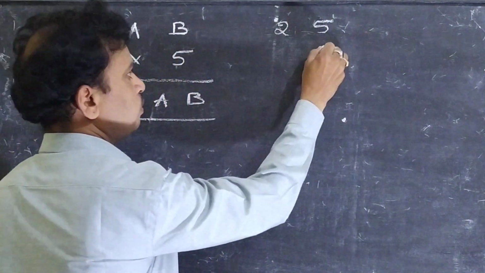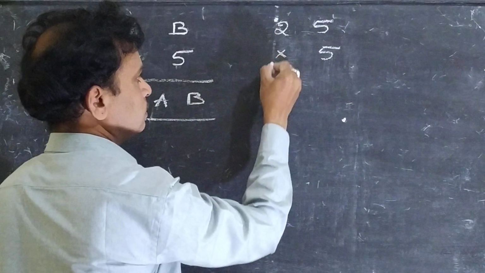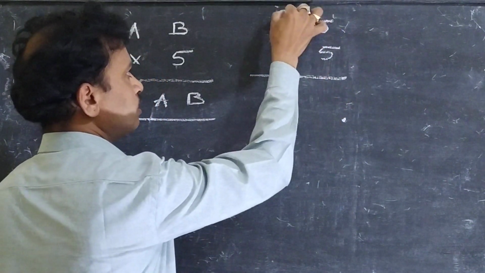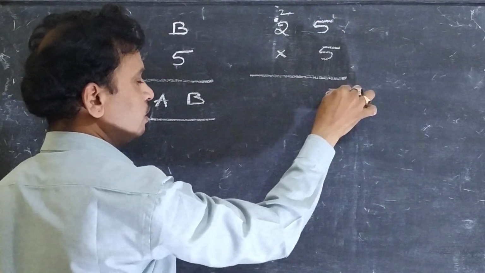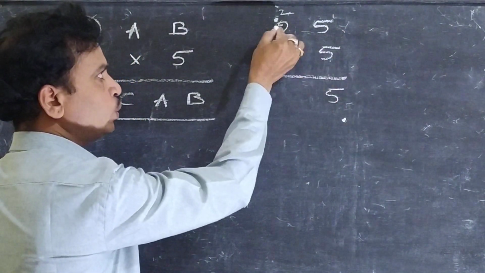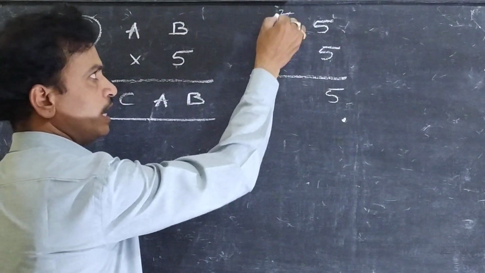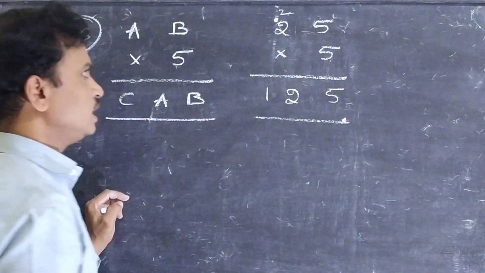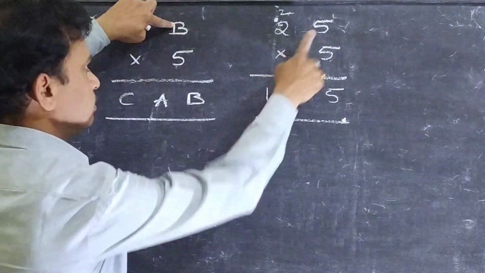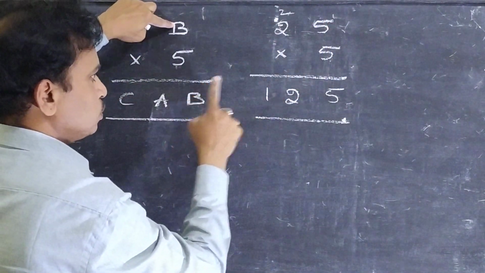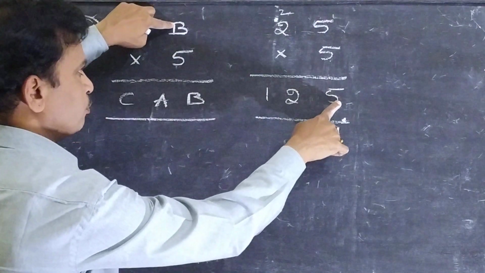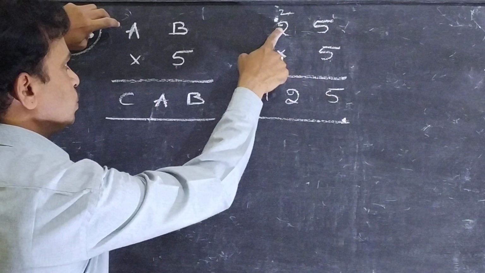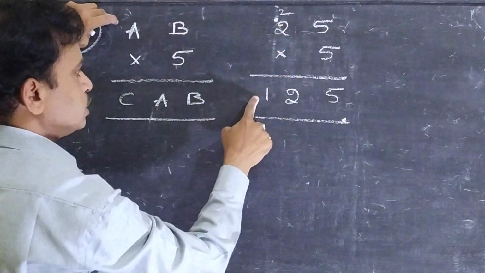Here also 5. 5 fives are 25. Carry 2 here. Then 5 twos are 10. 10 plus 2, that is 12. Now check it. Here B, that is 5. Here also B, 5. Okay, B is equal to 5 we got. Then 5 twos are 10 plus 2, that is 12.